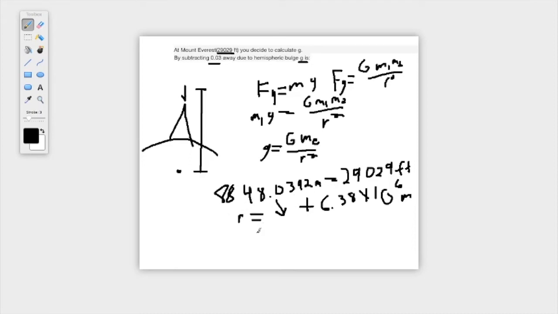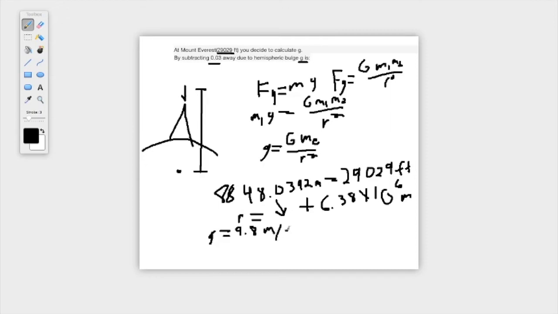So basically, when you calculate g, you get around 10, not 10, 9.8, which seems pretty accurate, meters per second squared.